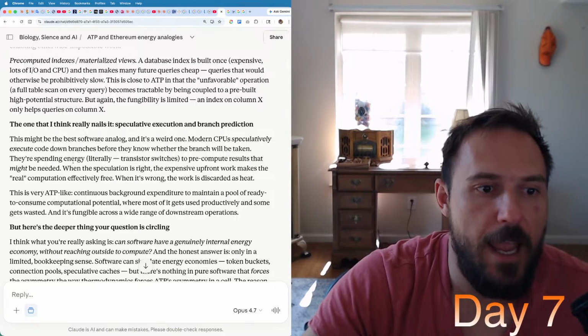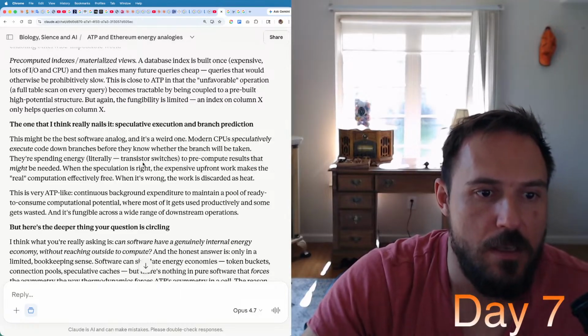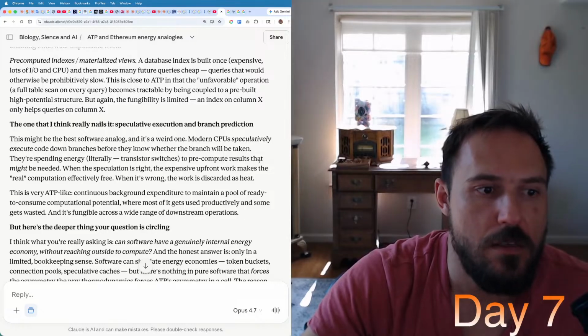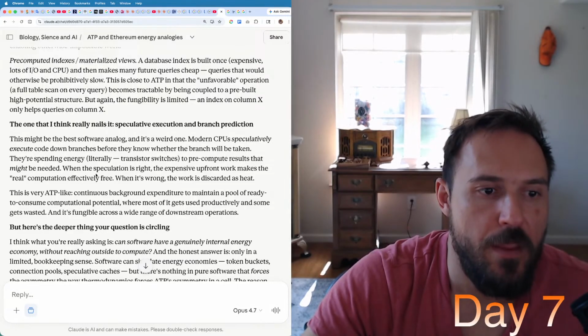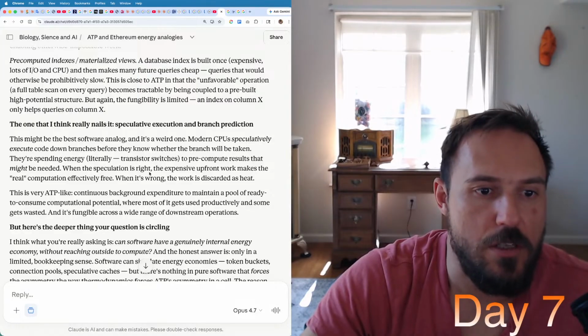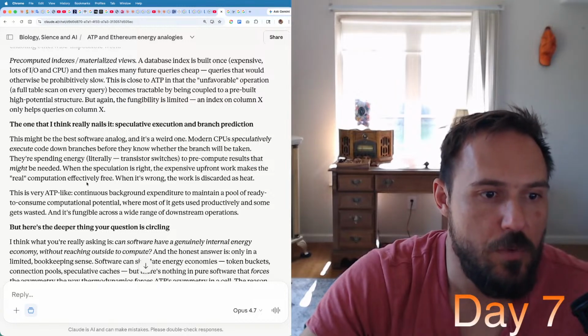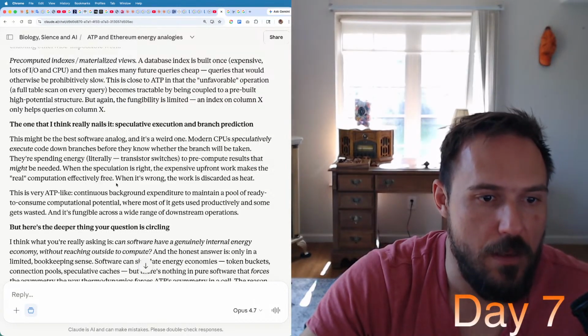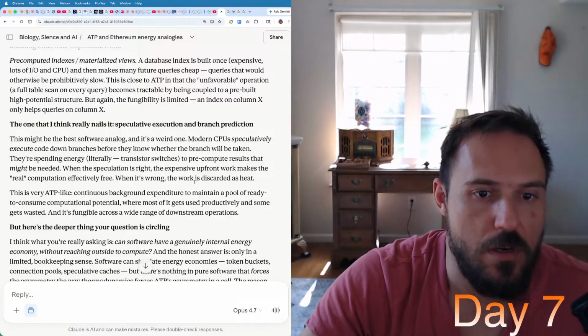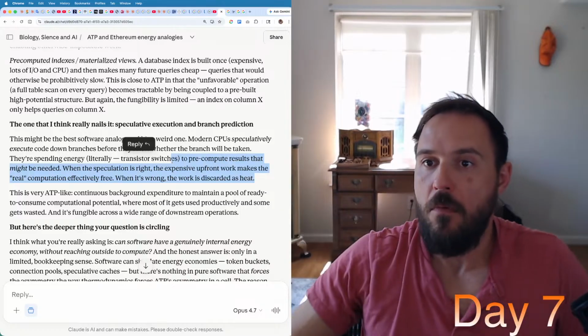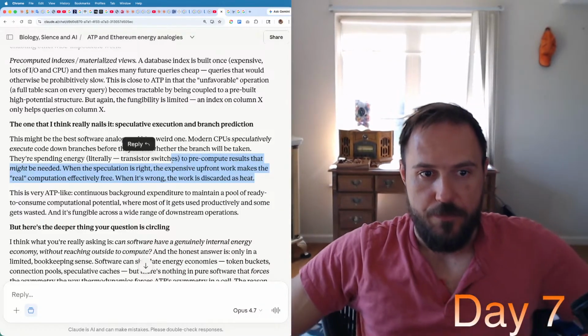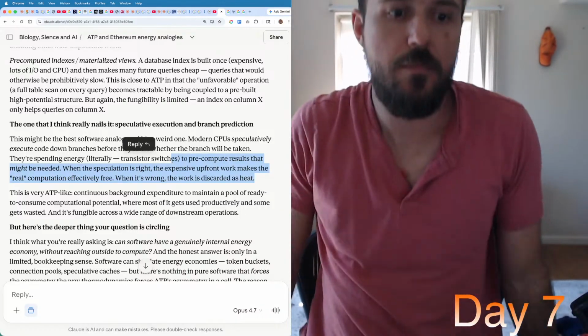They spend energy, literally transistor switches, to pre-compute results that might be needed. When the speculation is right, the expensive upfront work makes the real computation effectively free. When it's wrong, the work is discarded as heat. Are we talking about compilers? And agents.